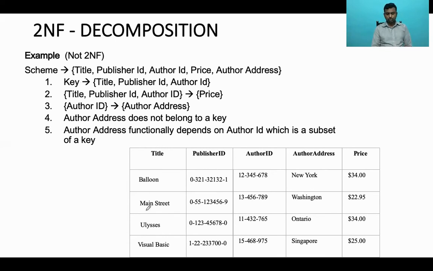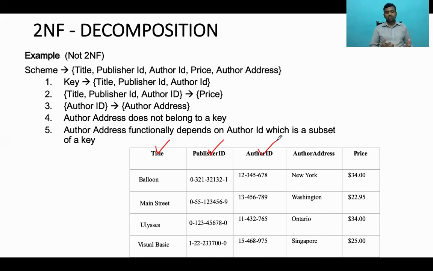Title, yes, it is unique and also not null. Title can be one primary key, publisher ID can be one primary key, and author ID can be another. These are the possible primary keys. So I can take either publisher ID, author ID, or title as my primary key.